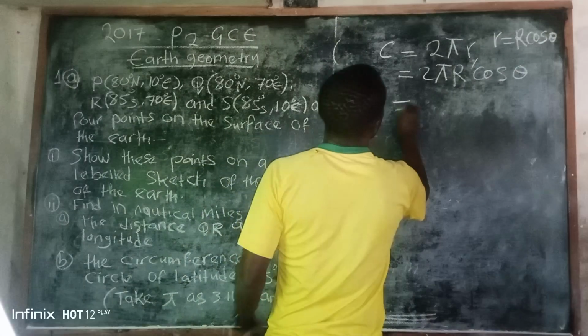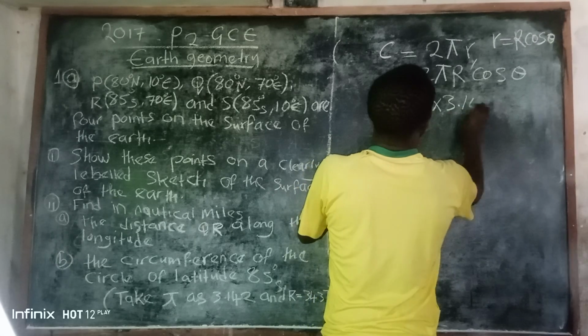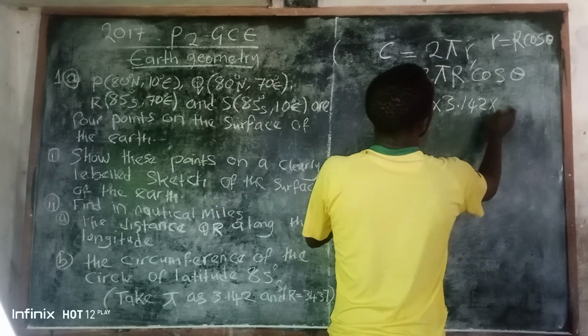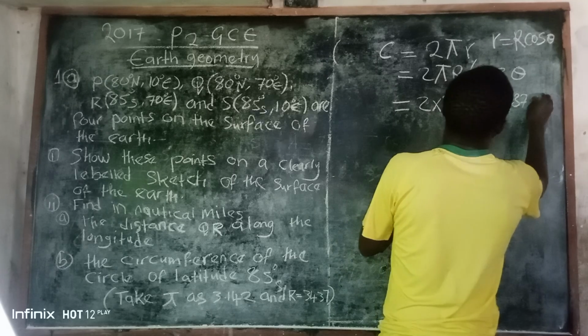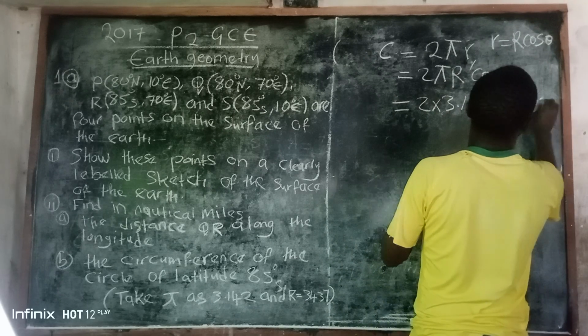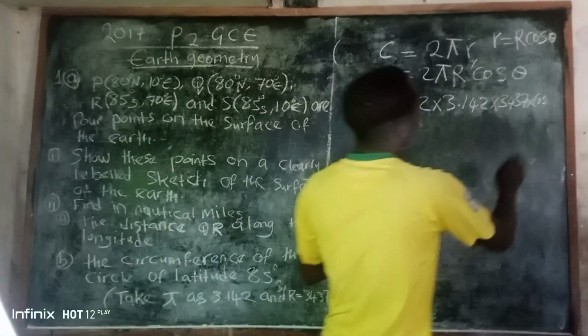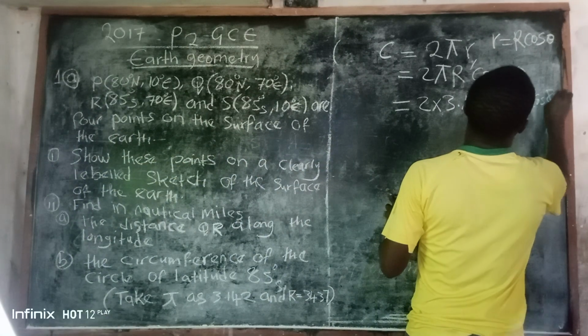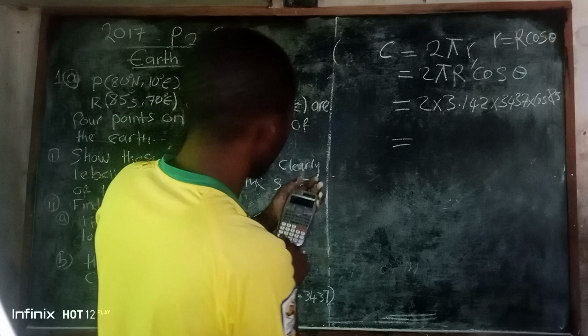Okay? Because then 2 times pi is 3.142 times 3437 times cos what? Latitude what? 85. So cos 85. Then from there, we go back to the calculator.